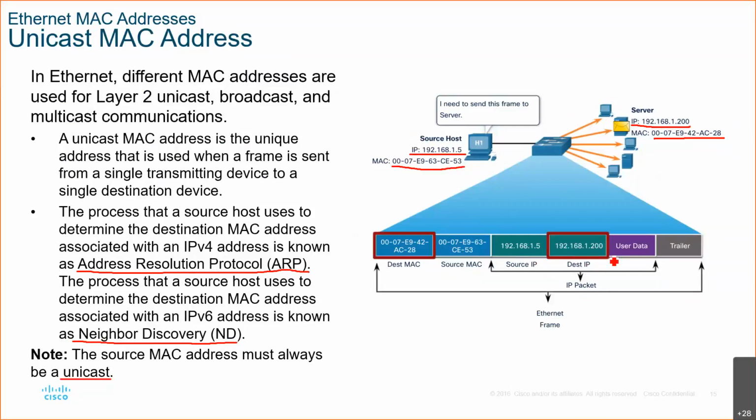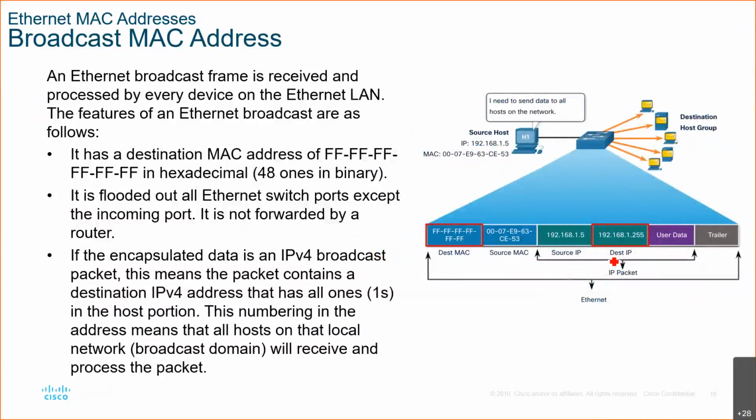Now let's build upon that. A unicast address, as we studied, the source is always unicast, but the destination can be unicast, multicast, or broadcast.